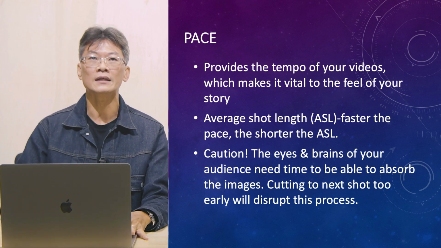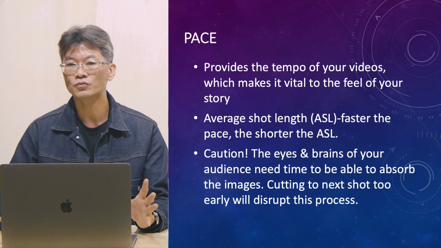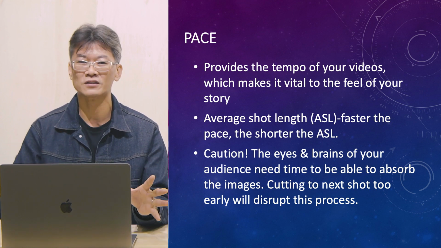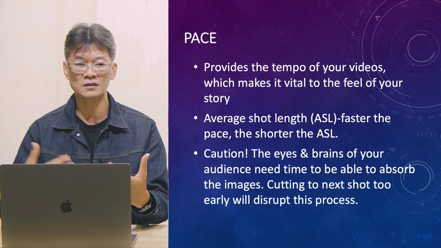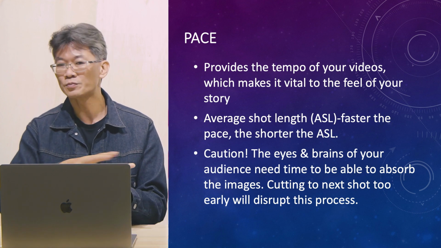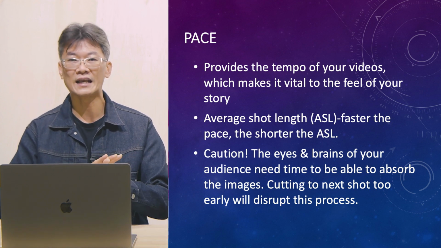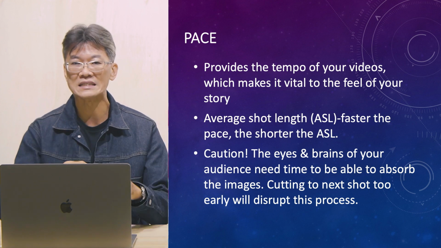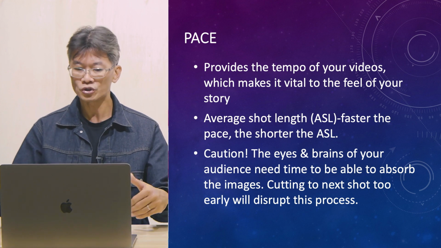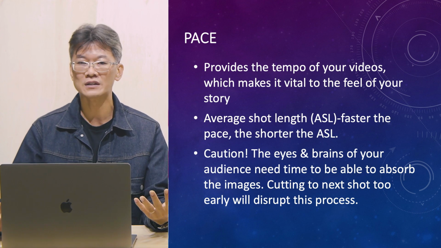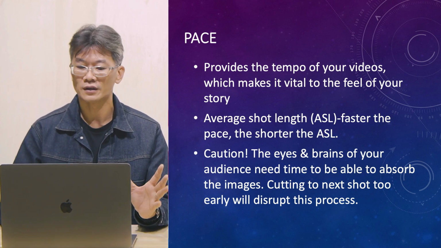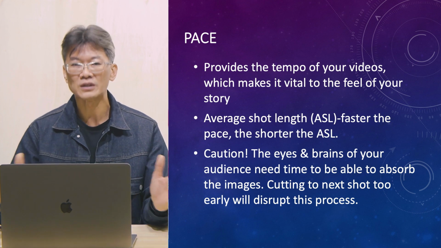Typically in a hybrid worship service, we are not cutting to DVD release kind of shots. So it will not be as fast-paced as you've seen in some of those post-produced live concert videos. Those are additional shots from cameras that are being inserted in post-production. Usually for a live hybrid service, the average shot length, the ASL, is much longer.